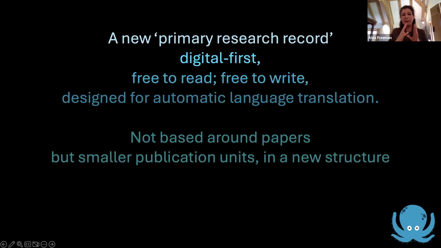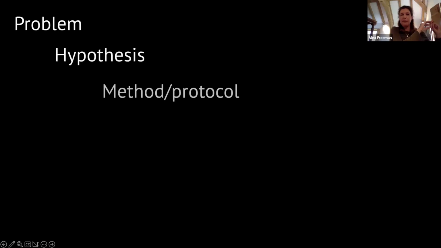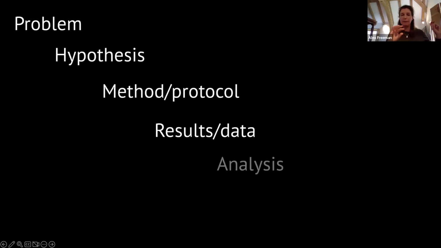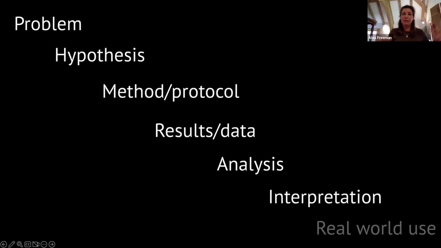But as I say, it's got this different publication structure with these smaller units of publication, because the research process has a number of different steps within it. And depending on your field and what kind of research you're doing, you may be doing some, but not all of these stages. So if you're working in a theoretical area, maybe you don't go out and collect results and data.